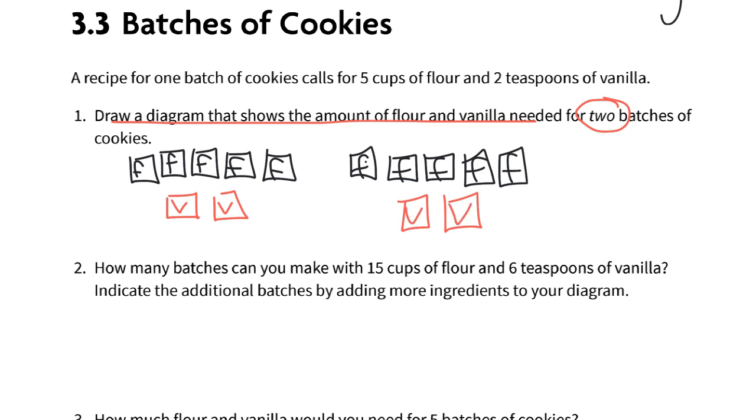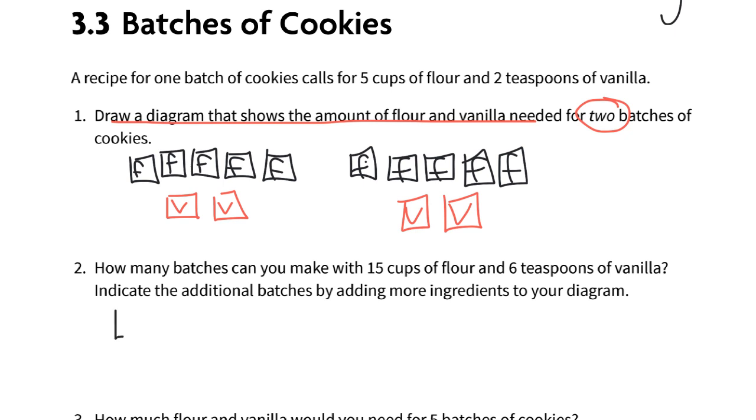There we go. All right, now question 2 says, how many batches can you make with 15 cups of flour and 6 teaspoons of vanilla? Well, we see we've got 5 flour with 2 vanilla. We've got another 5 flour with 2 vanilla, so that's 10 flours for 4 vanillas. So if we just add another 5 flours, then we're going to have another 2 vanillas.